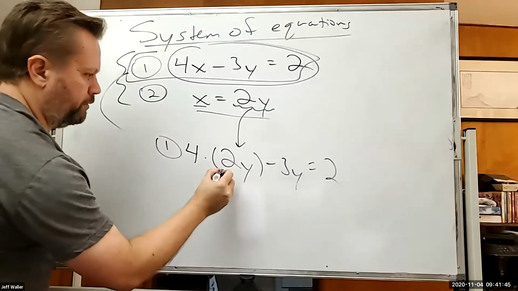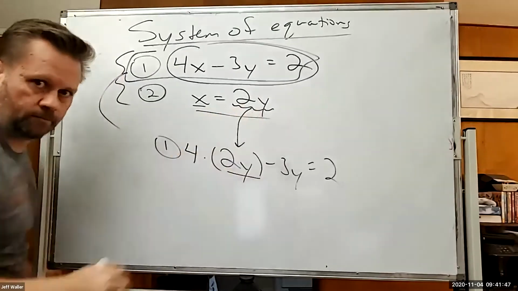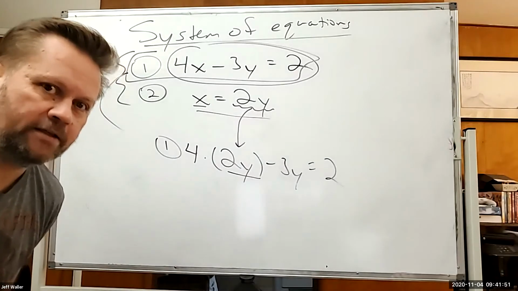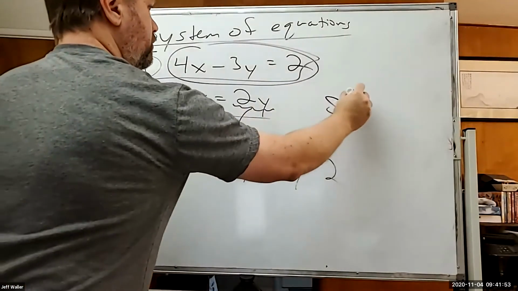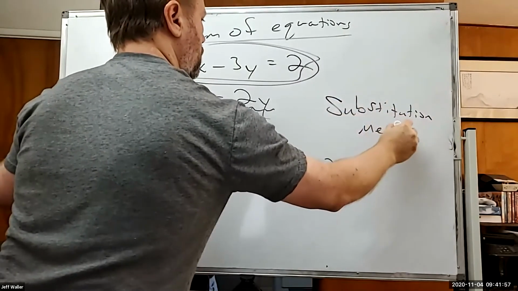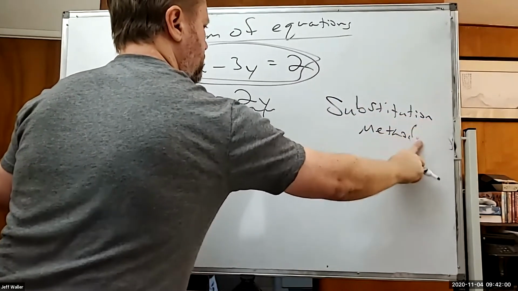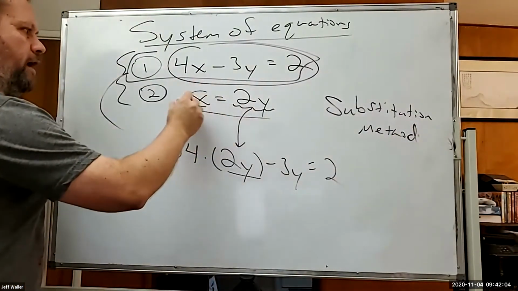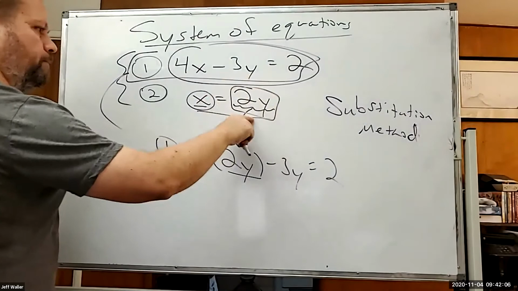But what did I put here? I put what x is. Not surprisingly, this is called the substitution method. I substituted x with 2y.